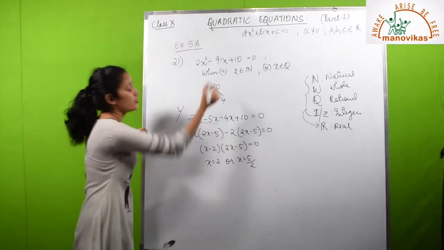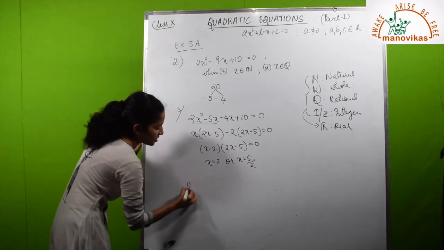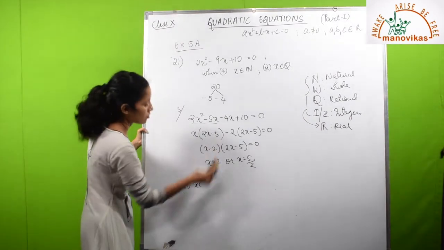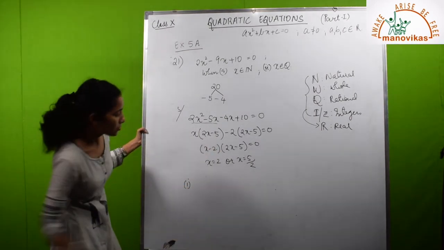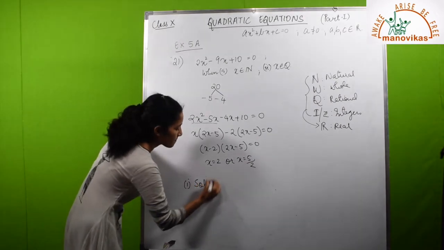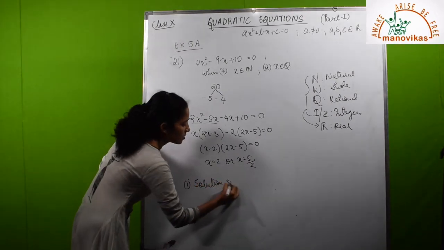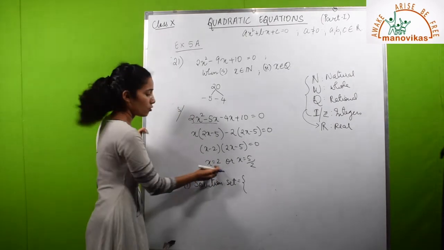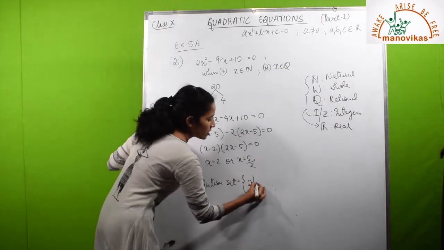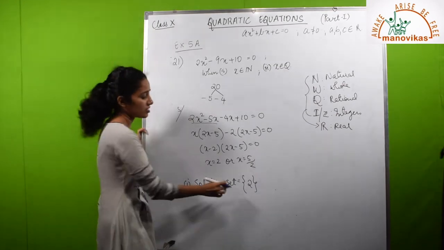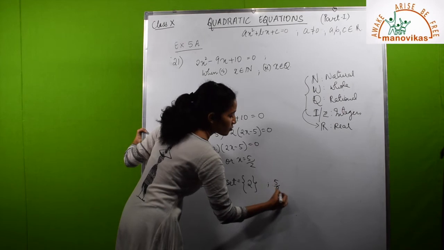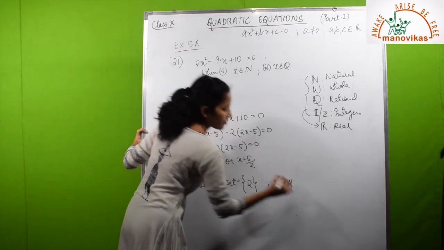Now, for solution set, first case, when x belongs to natural numbers, which among these two are natural numbers? Only 2. So 2 will be the only solution set, where 5 by 2 is not a natural number.